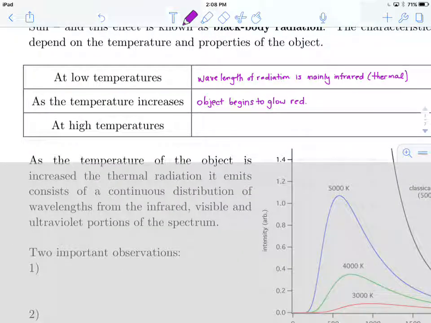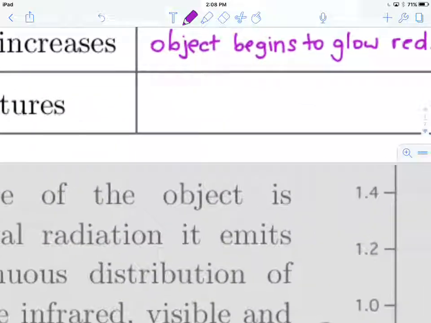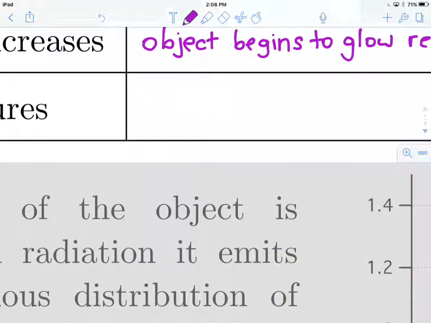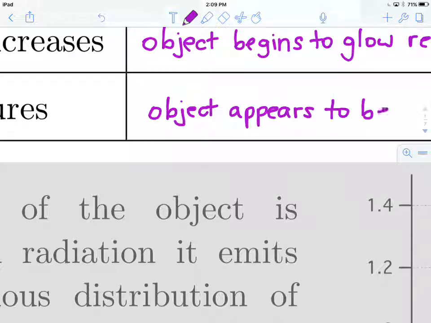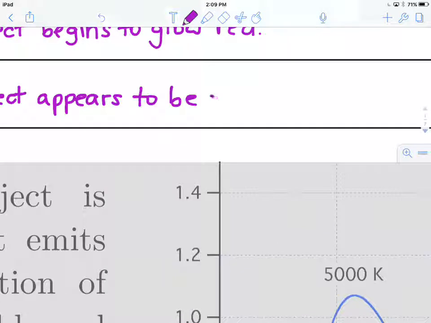Okay, and if we were to continue to increase the temperature more significantly, at very high temperatures the object would appear to be emitting white light.